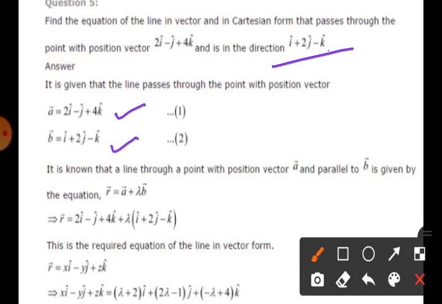It is known that the line through a point with position vector a vector and parallel to b vector is given by the equation r vector equal to a vector plus lambda b vector. This is the required equation of the line in the vector form.